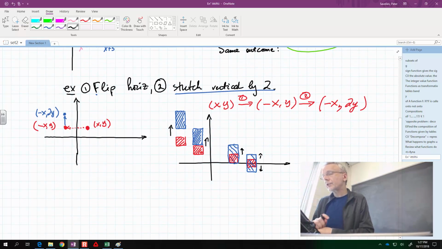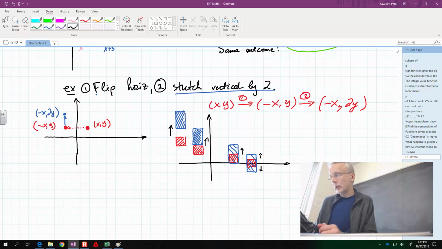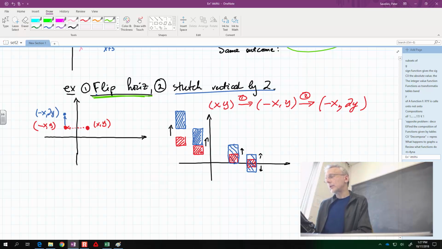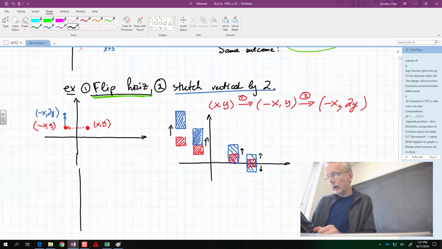So the stretch is a tricky one. The rest are not. Well, maybe let me illustrate the flip one more time. So let's look at the first operation, the flip. The horizontal flip, and we'll see. If there's anything tricky there, not really. The stretch, I think, is more complex.